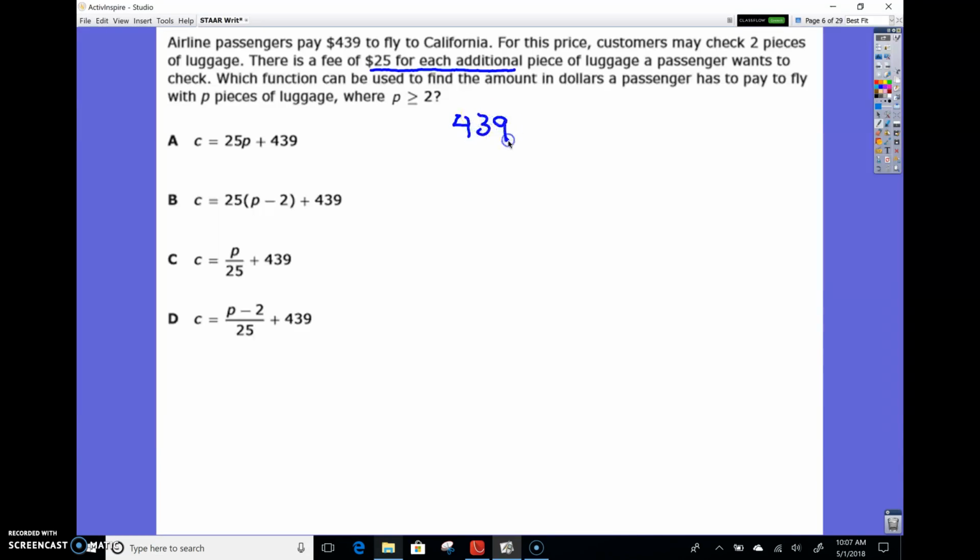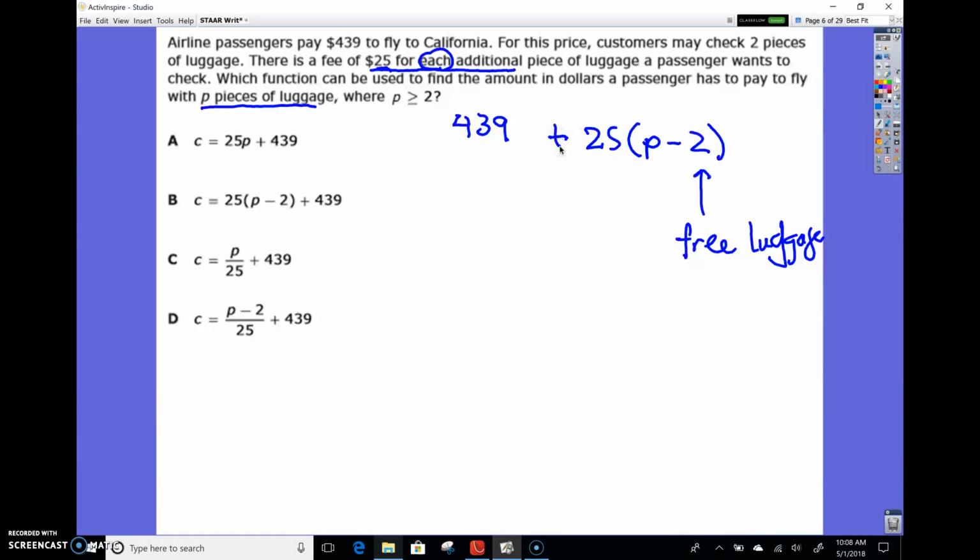Now, you don't pay for 2 of them, so you're going to subtract. The word each and 25 are going to go together. P stands for your luggage. You have to subtract 2 for the first 2 free ones. When you add this, they just put it behind. So that's going to be our answer right there.